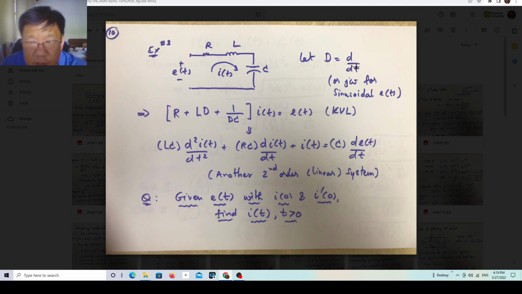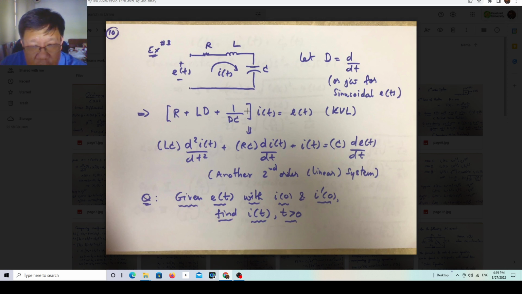That means if D is the derivative, 1 over D is the inverse, so D times 1 over D is equal to 1. So the integration is substituted by 1 over D.